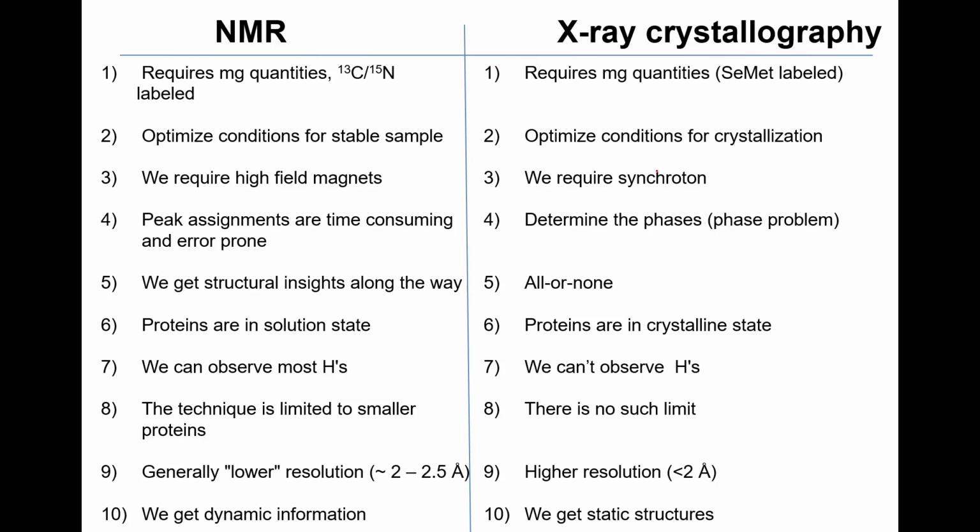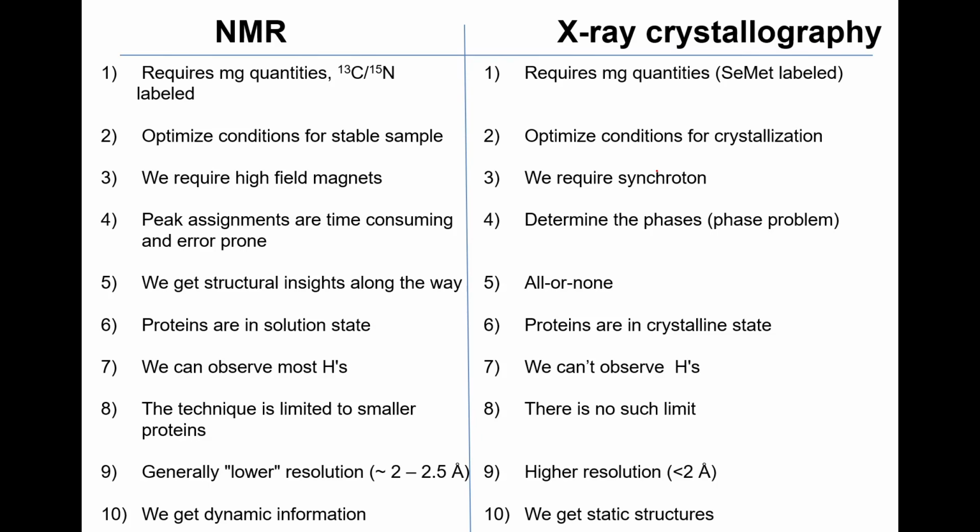If unstructured regions, random coils or turns are present more in your protein, then that protein is very difficult to crystallize, because it will not fit in a three-dimensional space in an ordered way. So that's why one of the strategies is to omit those areas and form the crystal of your domains.